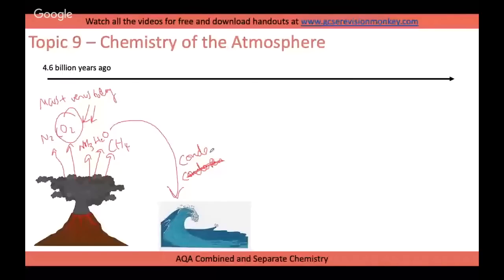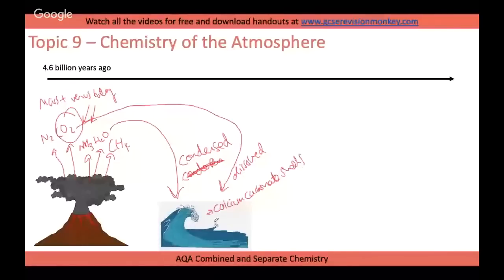And when that happened, a lot of the carbon dioxide from the early atmosphere dissolved into the oceans. And there it made the shells of early marine organisms. So it made the shells, we call them calcium carbonate shells, of lots of different marine organisms.